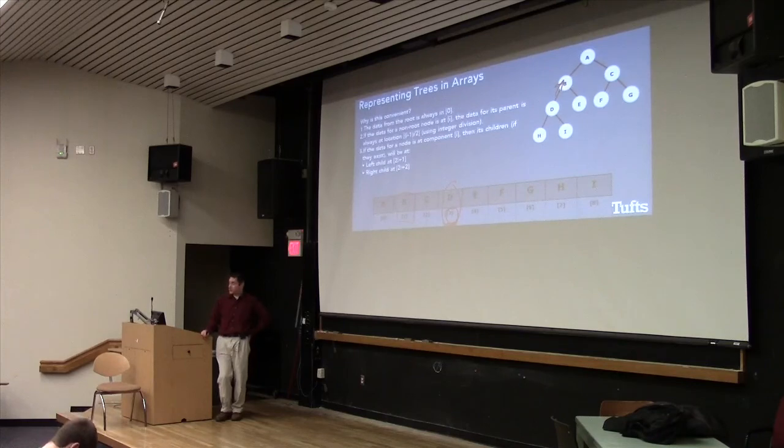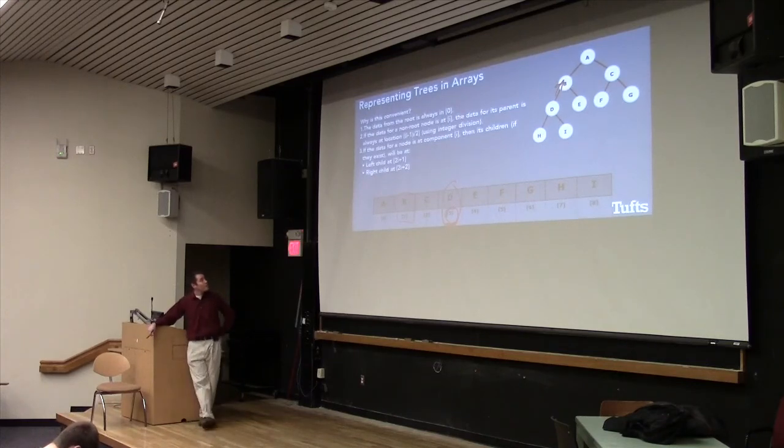You can do the same thing for the other ones. If you want to find a child, you can do a similar bit of arithmetic. The left child for some element is always at 2 times that element's index plus 1. And the right child is 2 times that element's index plus 2. Let's look at D again.